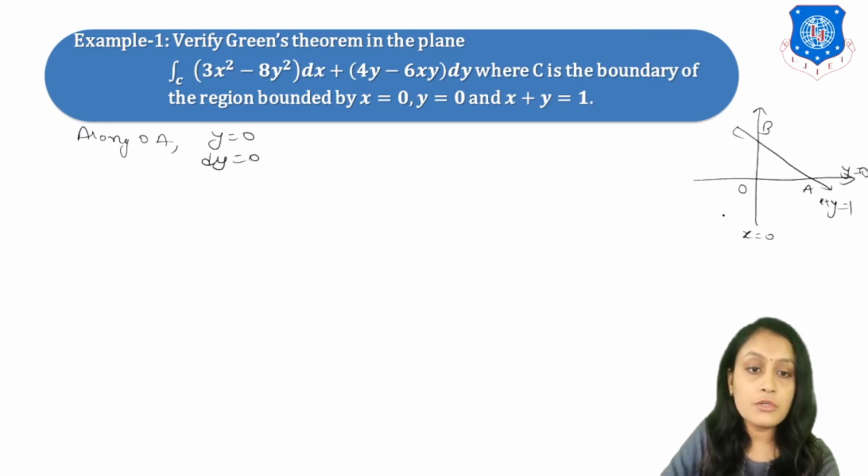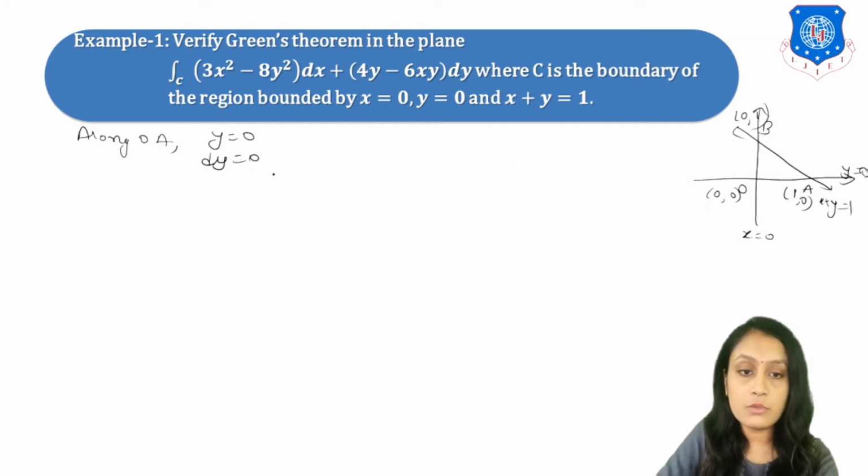Now if we want to give the points, this is (0,0), this is (1,0) and this is (0,1). Now dy is equal to 0, so you can see that x varies from 0 to 1.